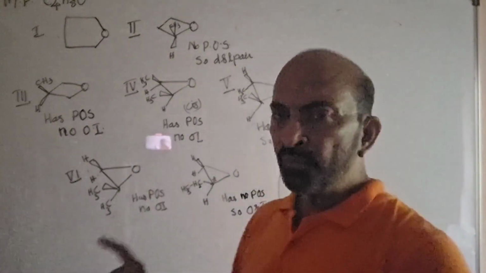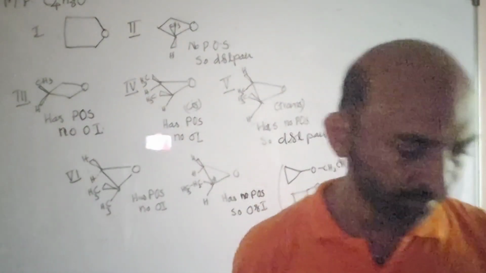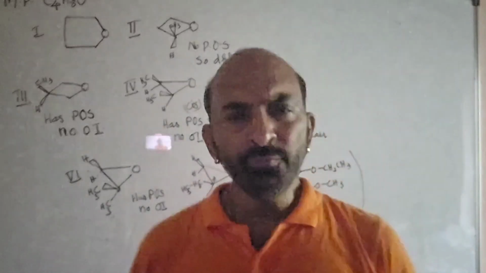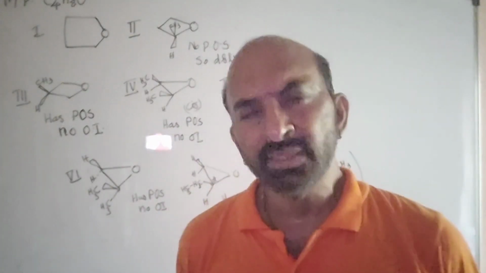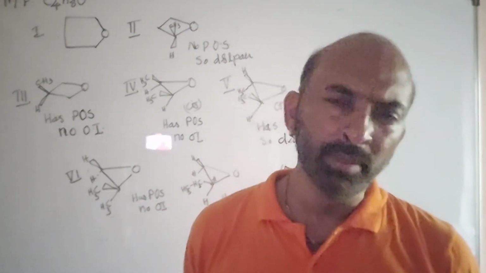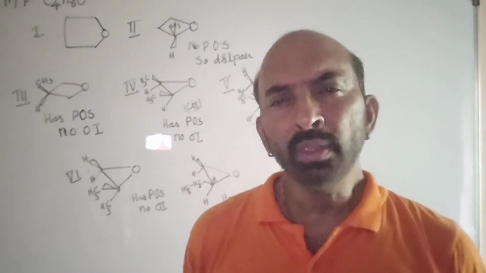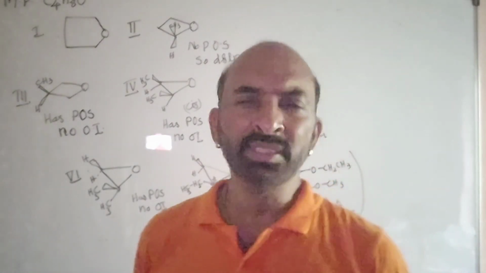C4H8O. The very formula suggests that it has either a double bond or a ring. Why? C4, if saturated, would have H10.